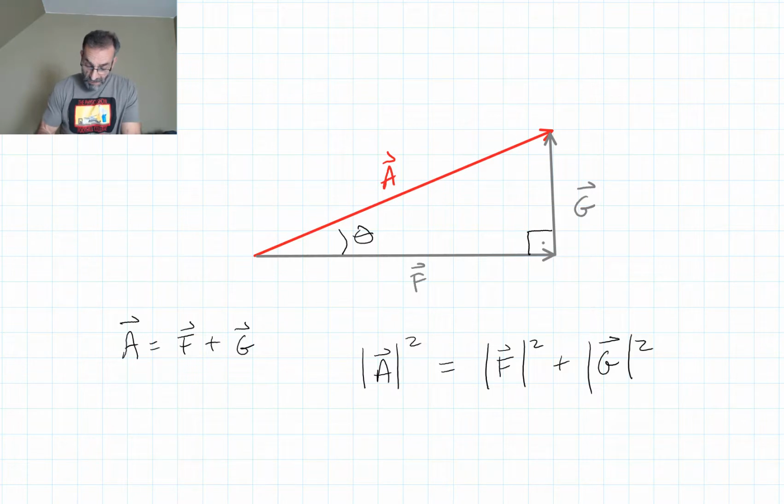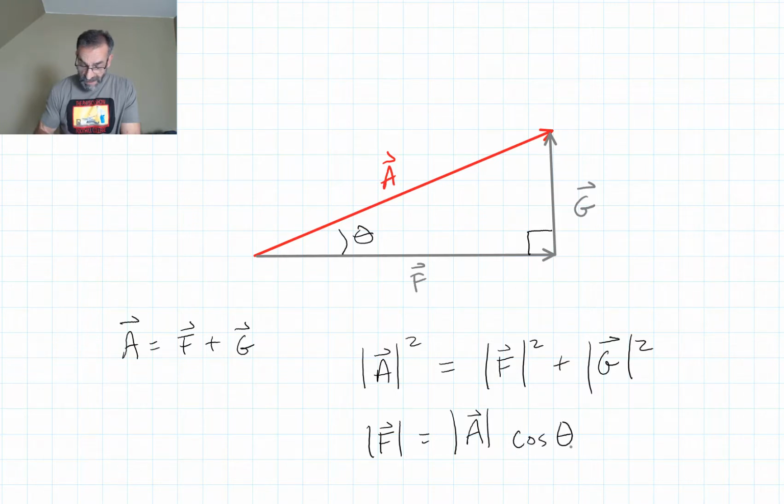We also know the magnitude of F is going to be A times the cosine of that angle, because it's the adjacent side. Adjacent over hypotenuse is our cosine. And we know that G, the magnitude of G, is the magnitude of A times the sine of theta.